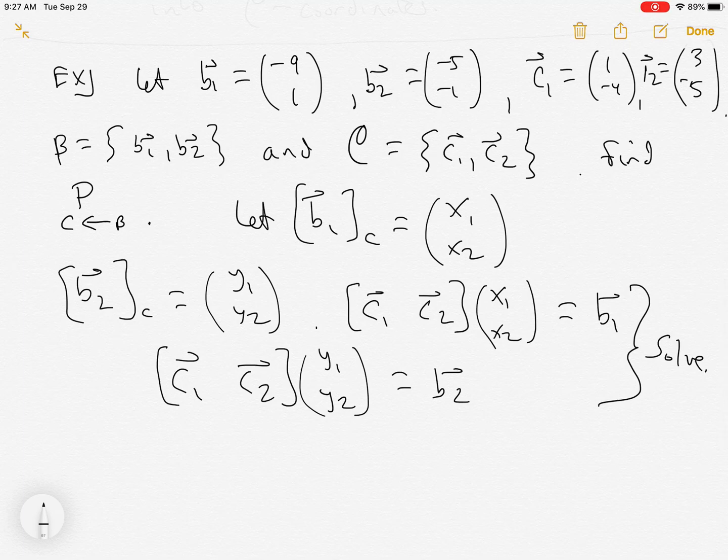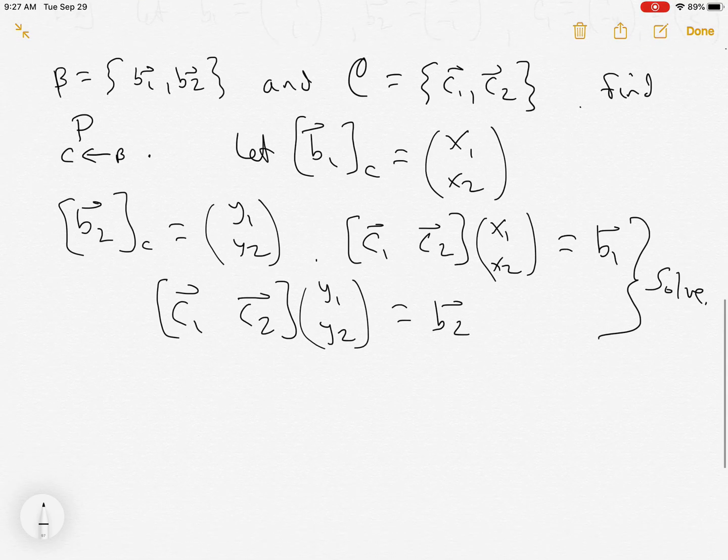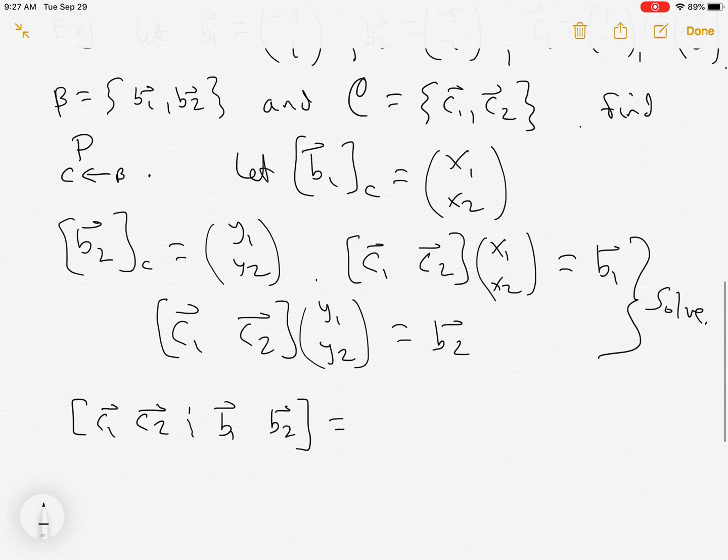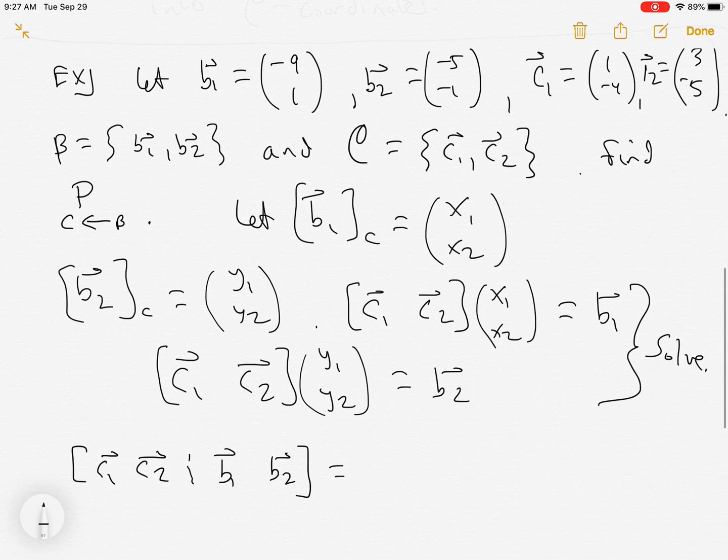Okay. So this is kind of cool. You do an augmented matrix. You go, all right, C1, C2, dash, dash, dash, B1, B2. Which gives us 1, minus 4, 3, minus 5, minus 9, 1, minus 5, minus 1.